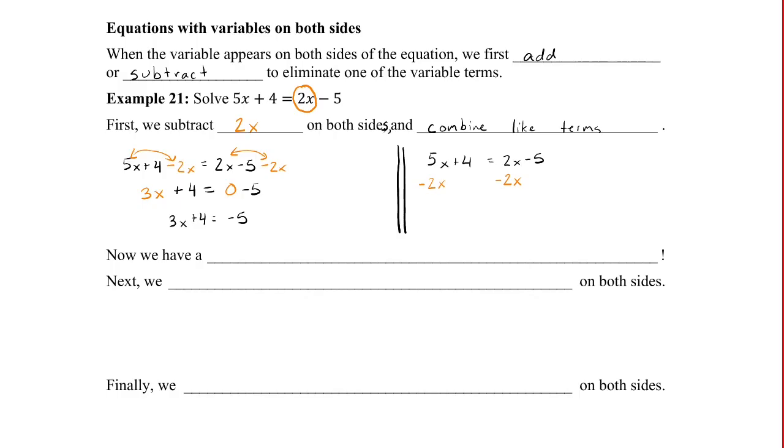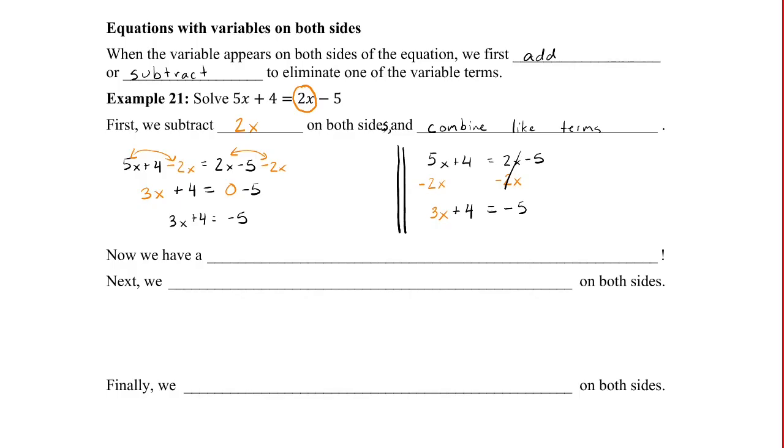Right, so since these are x terms that I'm subtracting, I'm going to write them underneath x terms. So 5x minus 2x gave us 3x. There was nothing like the plus 4, so we leave the plus 4 alone. 2x minus 2x cancels out, and on the right, I'm just left with minus 5.